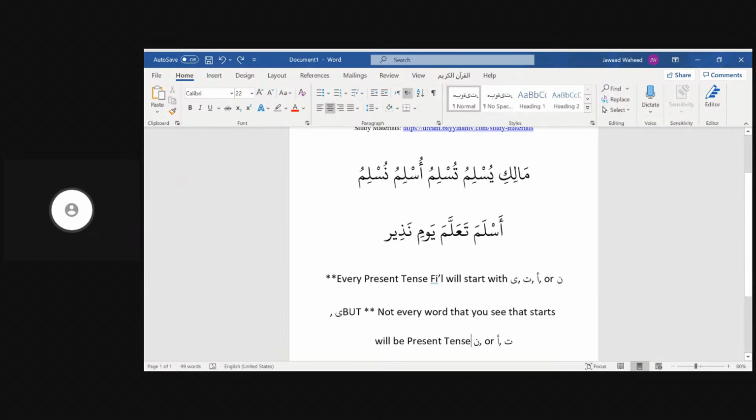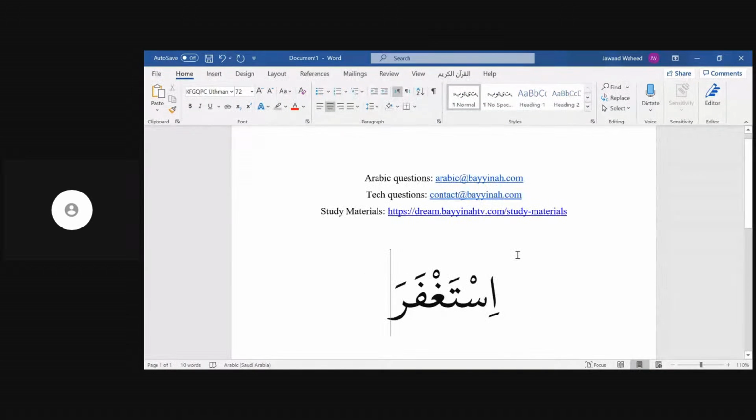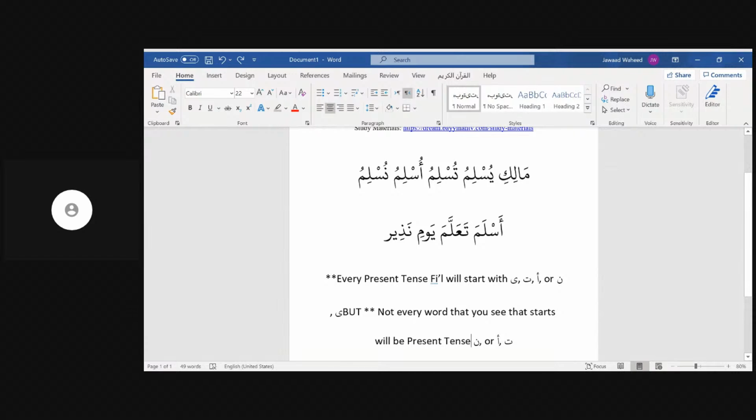You guys can see my screen, right? You can't tell. I wonder why it's showing. Why is it stuck on that? I was typing. Weird. Did you guys see me type out istaghfara and istafza'a too? Because it's stuck for me.